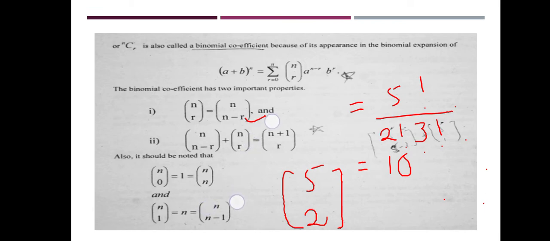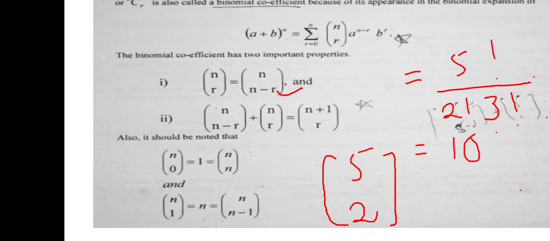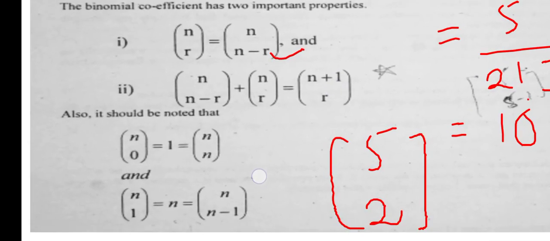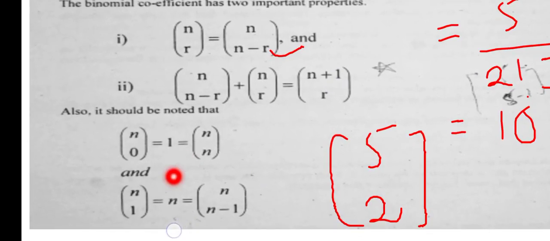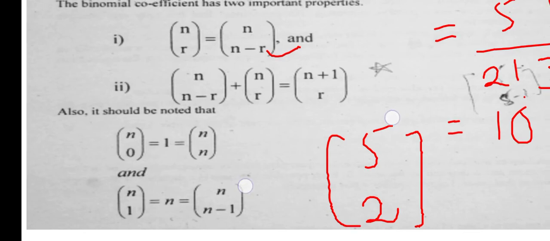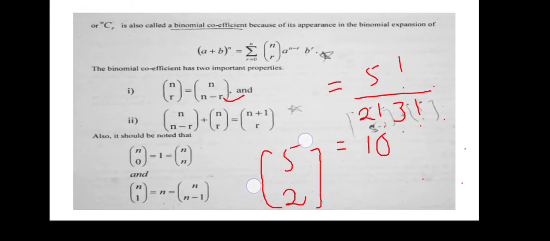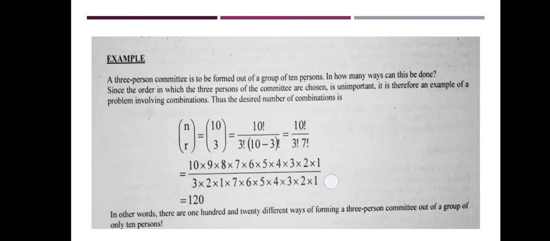And nC1 is equal to n, and nC(n minus 1) also equals n. nC1 and nC(n minus 1) both are equal to n, and nC0 and nCn both are equal to 1. These are some important results about combinations to be remembered.